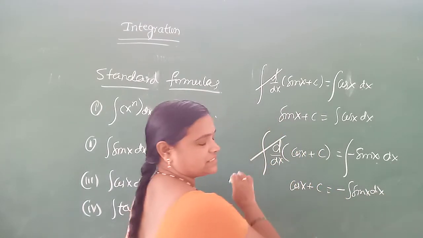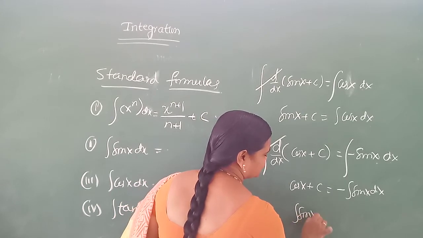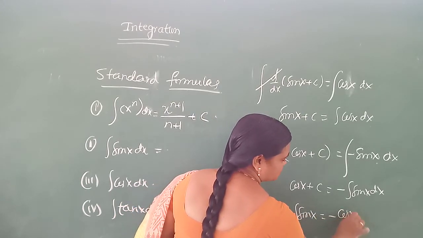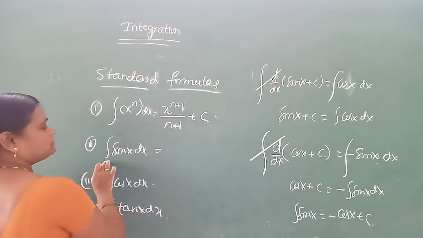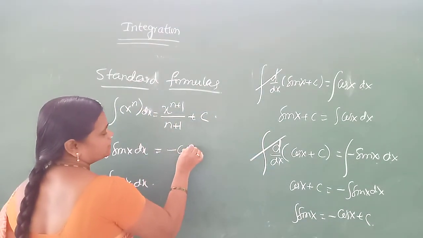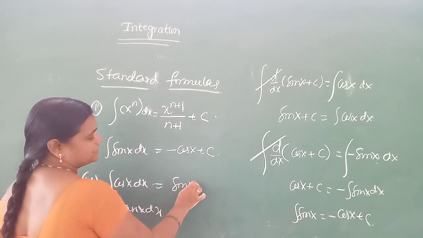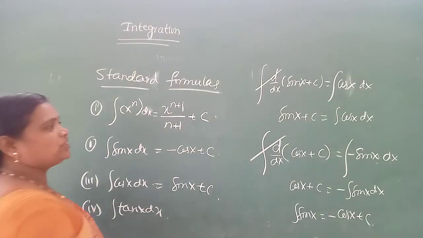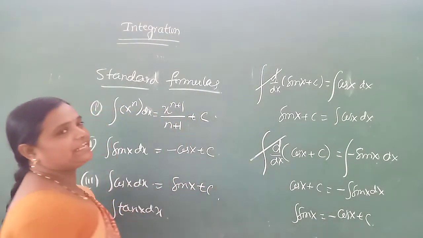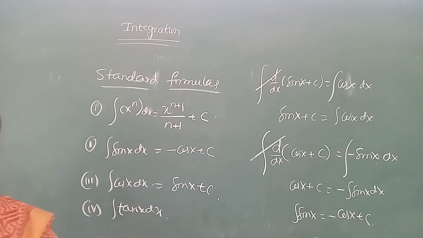Take the minus sign to the left hand side. We get integration of sin x is minus cos x plus c. Therefore, integration of sin x is minus cos x plus c, and integration of cos x is sin x plus c. Just now I explained how they exist. This is not necessary, but remember how it exists. Using the differentiation, we calculated the integration.